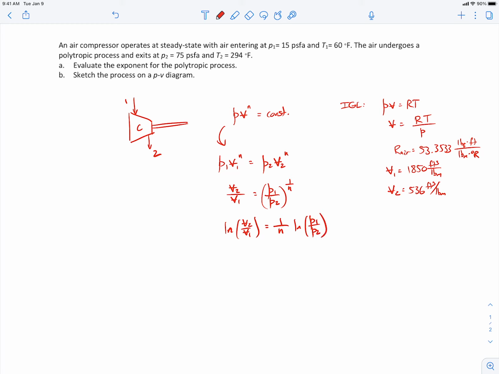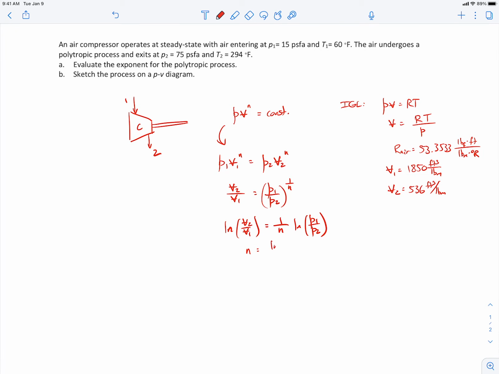So it kind of helps to know that little math trick: when you take an expression like this that has something raised to a power and you take the natural log of that, it becomes that power times the natural log of the thing in parentheses. So then we'll have n is equal to the natural log of P1 over P2 all over the natural log of v2 over v1.